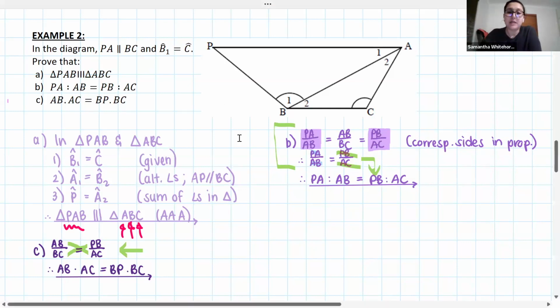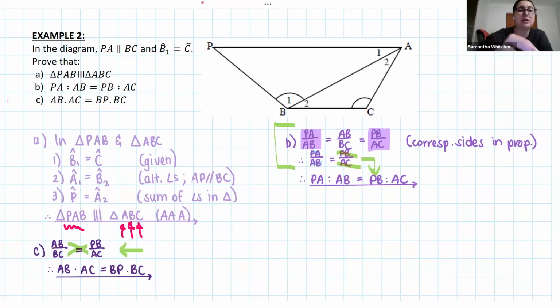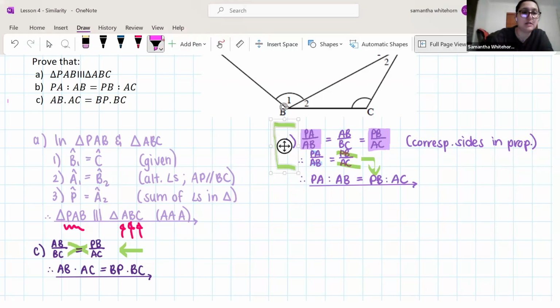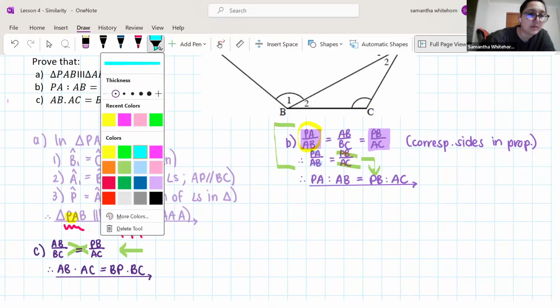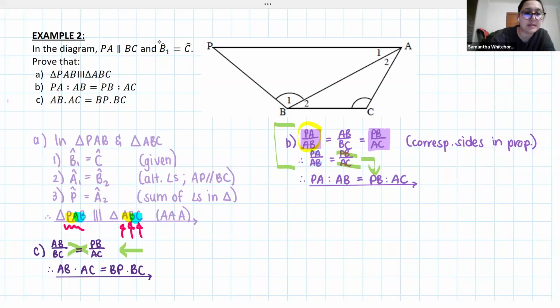So in question B, sorry about the green scribbles, but it's okay. In question B, you set up your ratios. Now, guys, remember what you're doing is, you match up the first two letters with the first two letters. So that's why PA over AB. Then you match up the next two, so AB and BC, so that's why AB over BC.